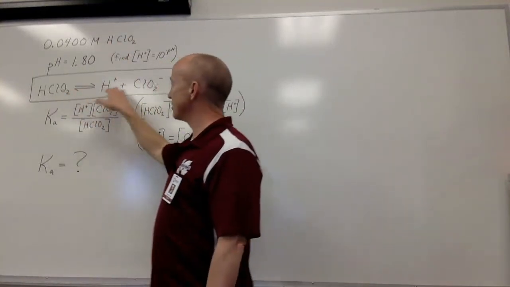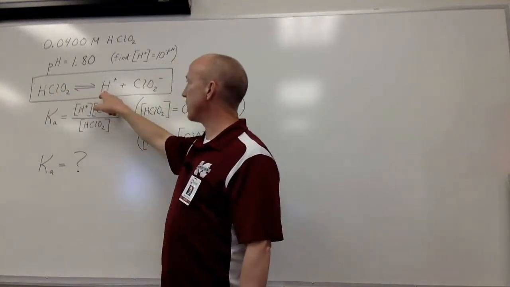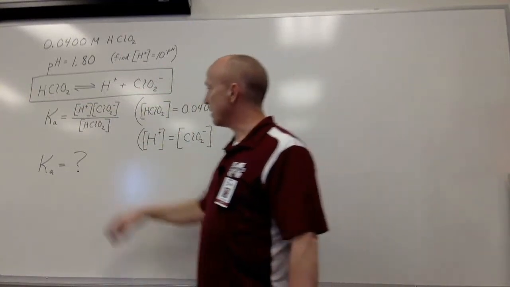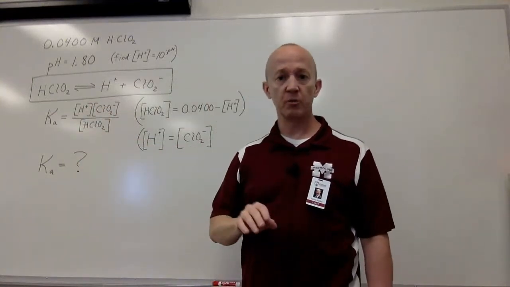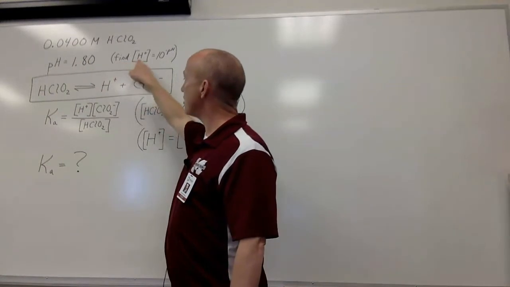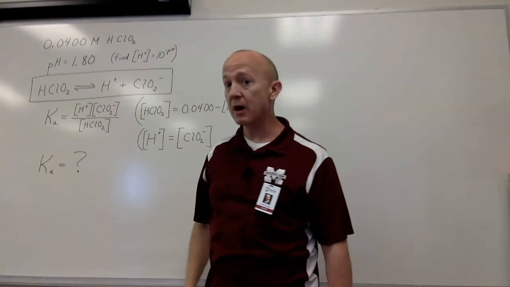Here is the reaction that takes place, the dissociation reaction. HClO2 yields hydrogen ion and the chlorite ion. Now the Ka expression is going to be this right here. A few hints for you. One, I've given you the pH. So you can find the hydrogen ion concentration by taking 10 to the negative pH power.